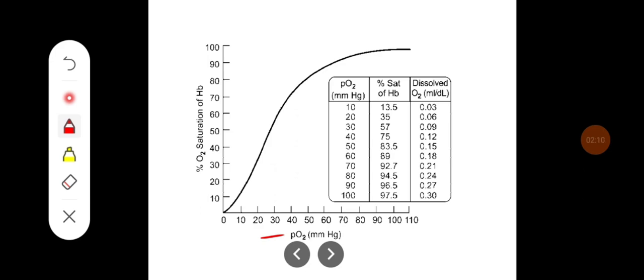Initially it is linear, and as the partial pressure increases from 20 to 40, there will be a drastic change in the affinity for the oxygen to hemoglobin, and then after 60 mmHg partial pressure, the saturation is not going to change much, it remains plateau.